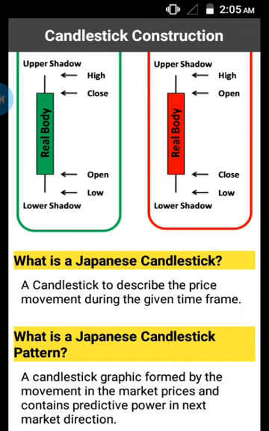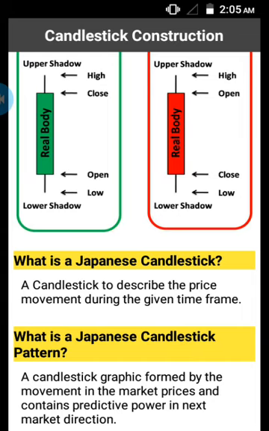A candlestick consists of a body, an opening price, and a closing price. When a candlestick constructs itself, it will have two types of movements.